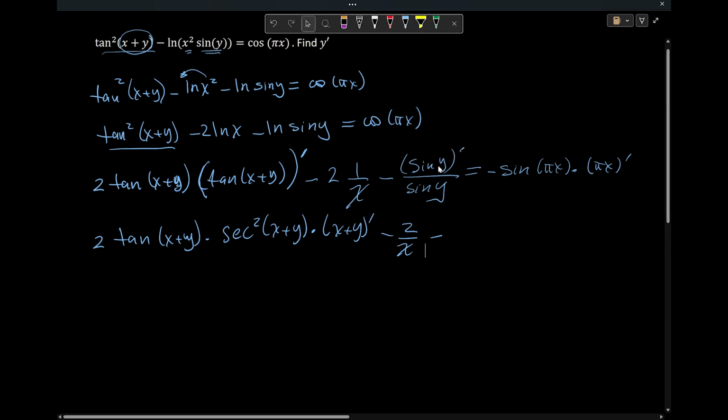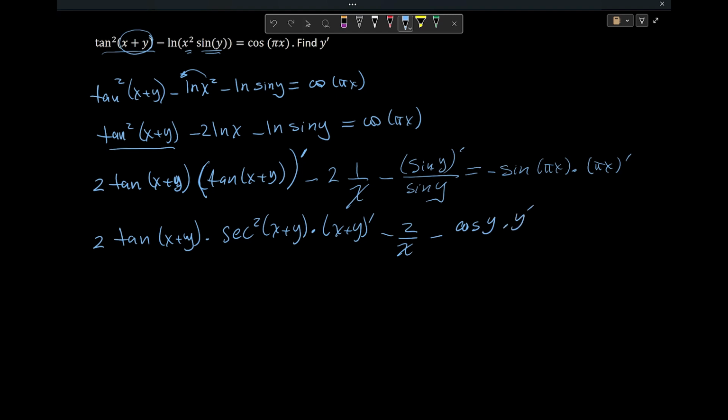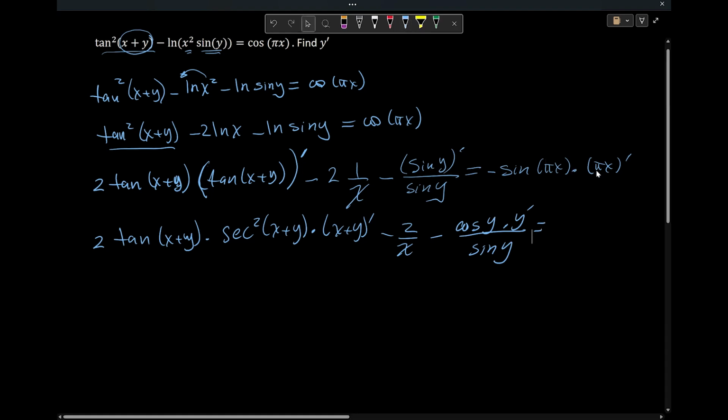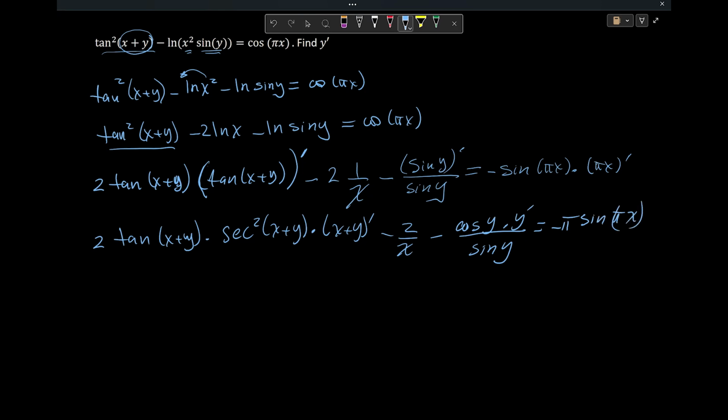The derivative of the sine is the cosine times the derivative of the argument over the sine of y equals the derivative of the pi x, which is just pi. That's the slope of the line. So we put the pi in the beginning. There it is.